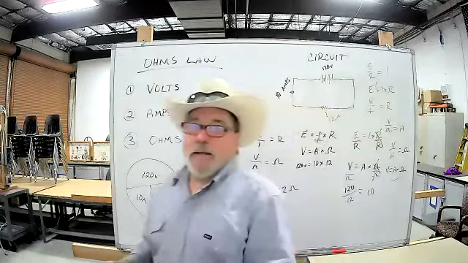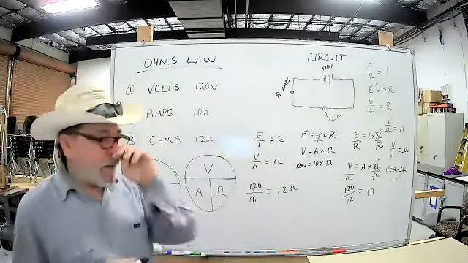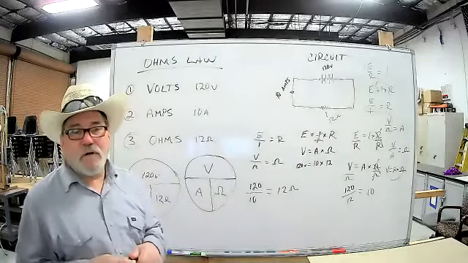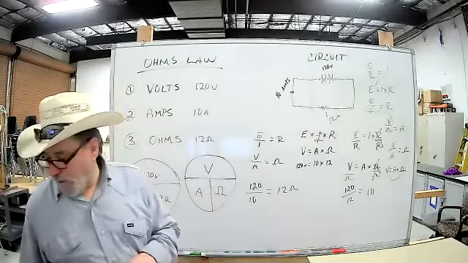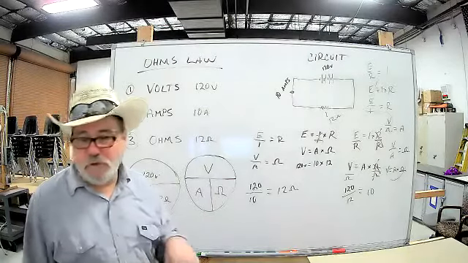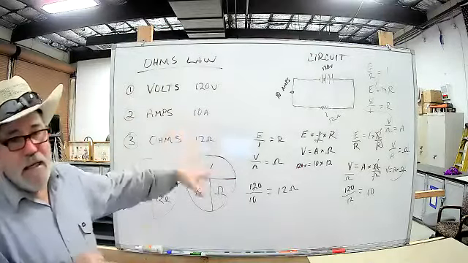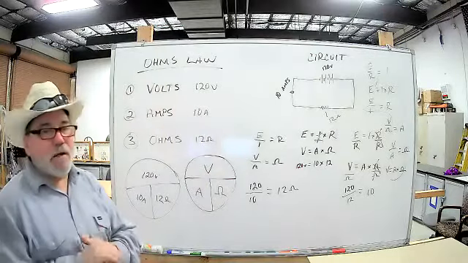I don't know how else to make it more simple, but we're going to practice some of this stuff later on, and get into series and parallel circuits, how to calculate resistance and all that good stuff. But you guys need to get a handle on this before we move on.